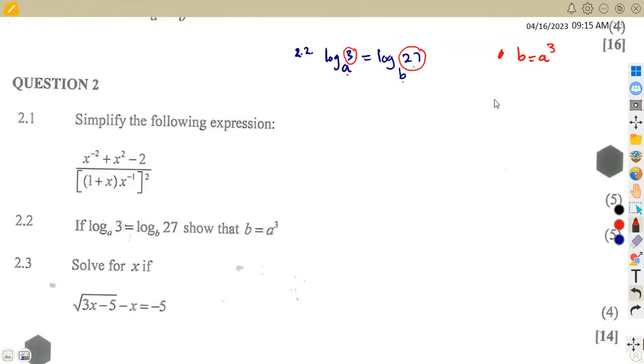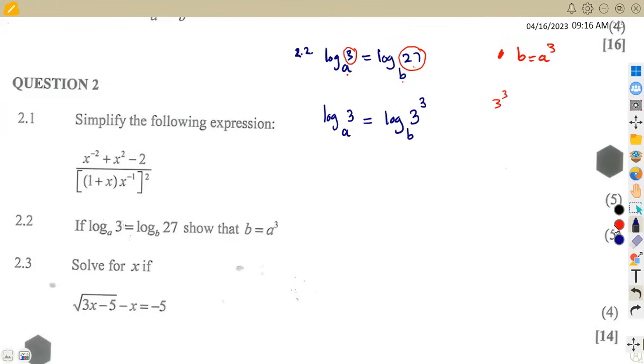Remember, 27 can be written as 3 to the power of 3. So we can write this as the logarithm of 3 in base a equal to the logarithm of 3 to the exponent of 3 in base b. At least we have got the 3 concept here.